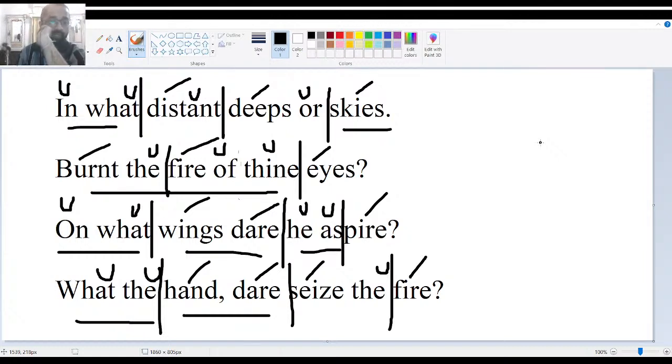So, apart from the second line, the passage is composed of 3 meters followed by catalectics, and in the second line there is a catalectic, but there is a dactyl as well.